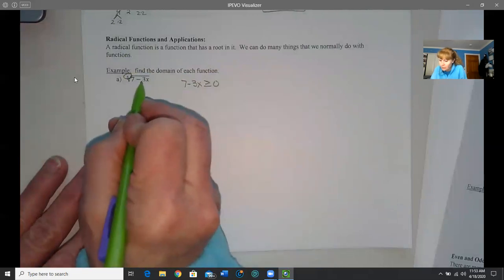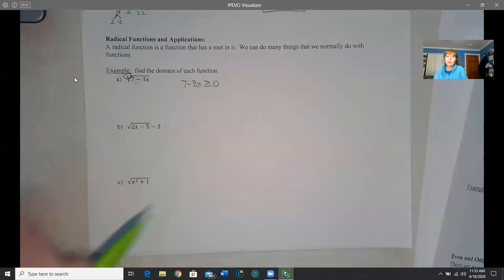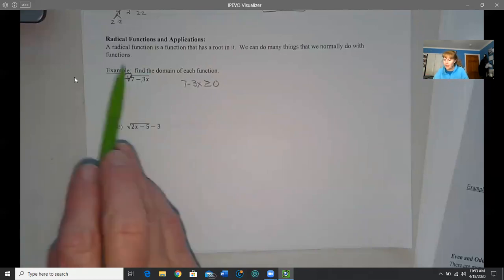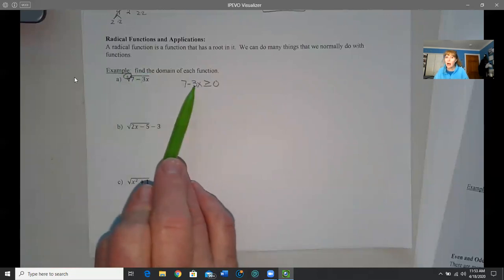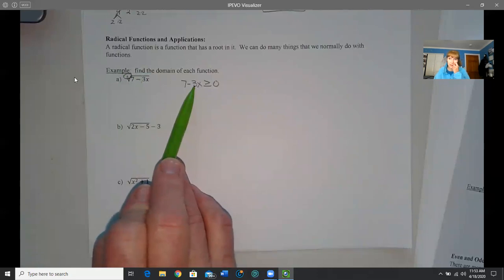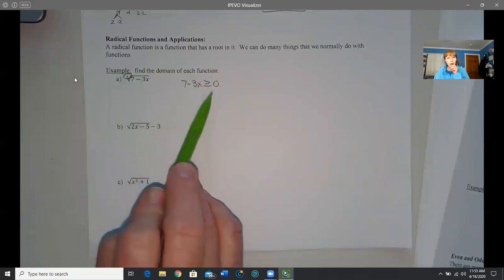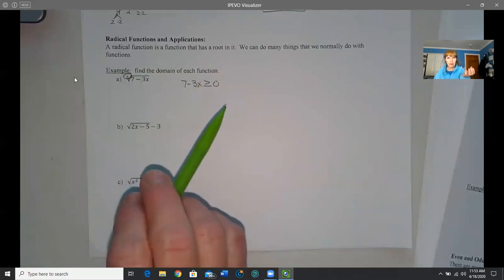We know it could be equal to 0. We've taken the square root of 0, the fourth root of 0. So another way of saying what's inside is positive is to say what's inside is greater than or equal to 0. And you solve that, and there's your domain.